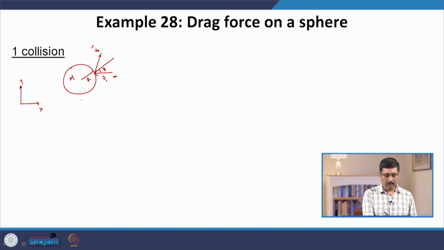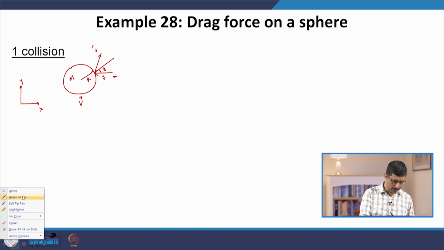Now this sphere is moving with a velocity v. We can also imagine it the following way: let us say the sphere is at rest, and if you are sitting on the sphere, you will see this fluid particle approaching the sphere with a velocity v in the opposite direction. So, this is going to be our assumption.